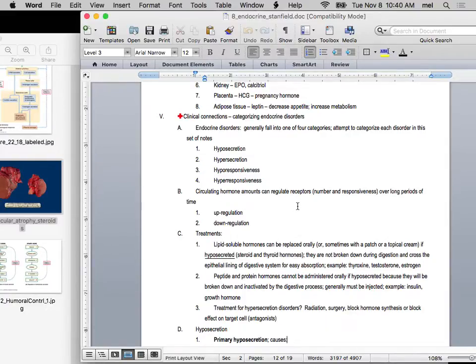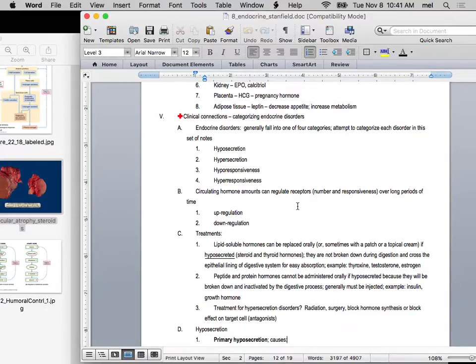Hyperresponsiveness, right? So you had a hyposecretion that can cause an upregulation of receptors, which will make you hyperresponsive. Does that make sense to you? So that's one of the reasons why endocrine disorders are intellectually challenging to understand and to treat, because it matters not just what's happening, but when did you catch it, right? That makes sense? And sometimes you can flip it back, but that's not instantaneous either.